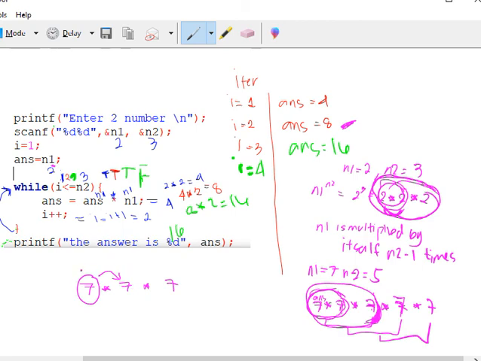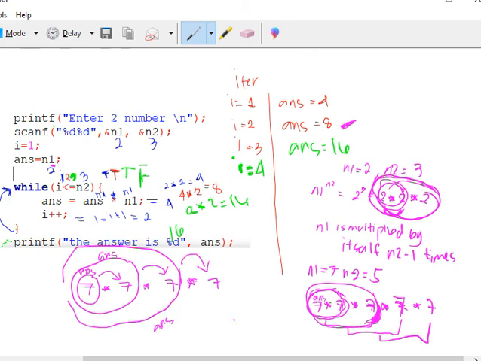Tapos mao na siya tapos kanang answer multiply ana. So murag ana siya. So if this is our ans times 7, tapos mao ni si ans times 7 na dinhi na siya diha. So mao siya ang role ni ans diri. Okay? So kung naay another 7 diha, kanang tanan ma-ans times ana. So mao siya. And gi-minus 1 na to si n2, okay?